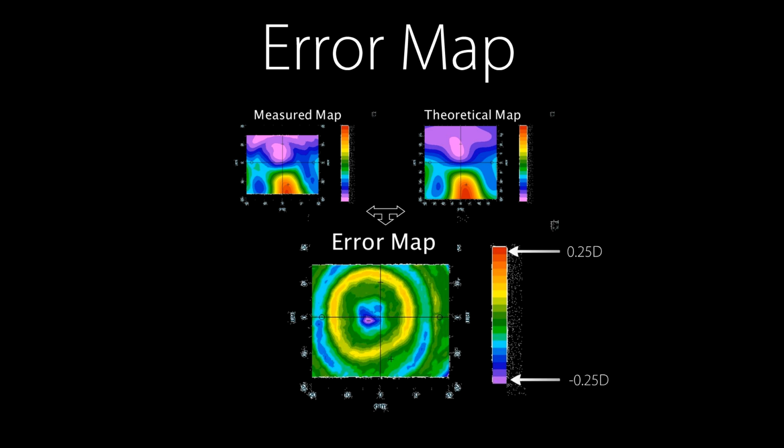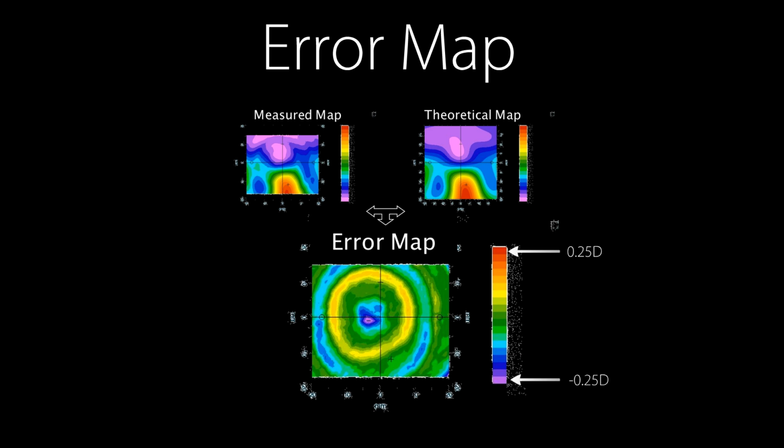So the error map is the error on the power for every point of the lens. And this is what we will be looking at during this talk. So yeah, mind the scale. The values of the error map here are between minus 25 hundredth of a diopter and plus 25 hundredth of a diopter.